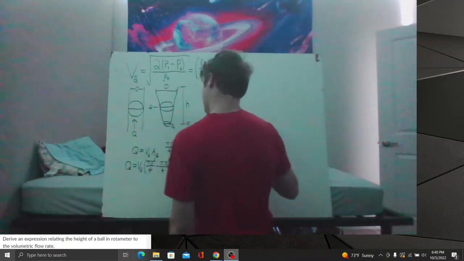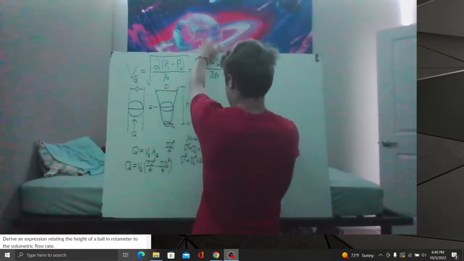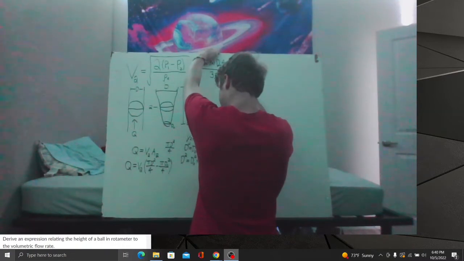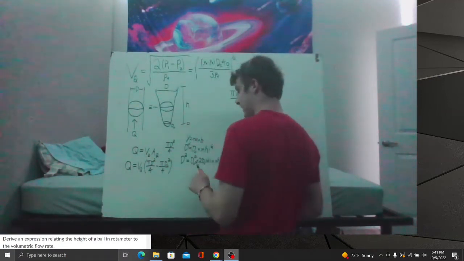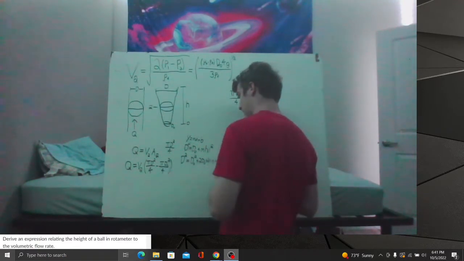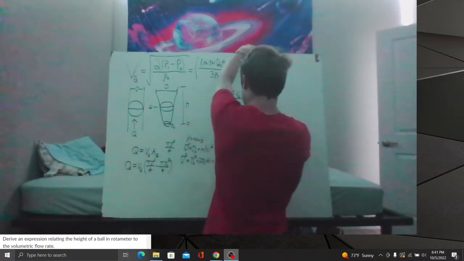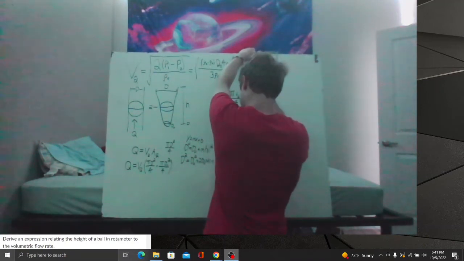If we combine like terms, we will end up with pi V2 over 4 times, and our d naught squared is going to cancel with that d naught squared, so we will end up with 2 d naught m h plus m squared h squared.